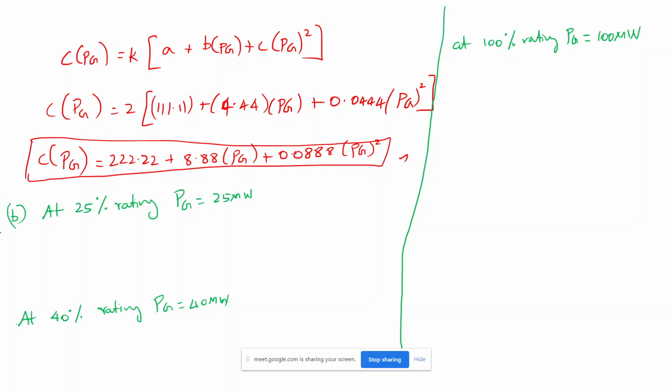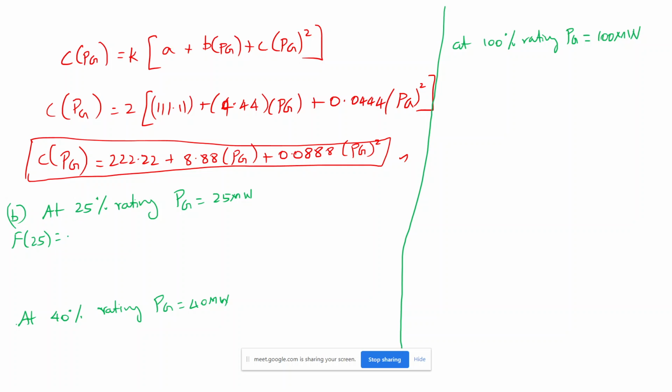Now if you solve this equation, first we need to find out the F for 25. F for 25 is nothing but for 25% or 25 megawatt. We need to find out the input energy rate. So input energy rate of 25% or 25 megawatt. So what is the equation of energy?